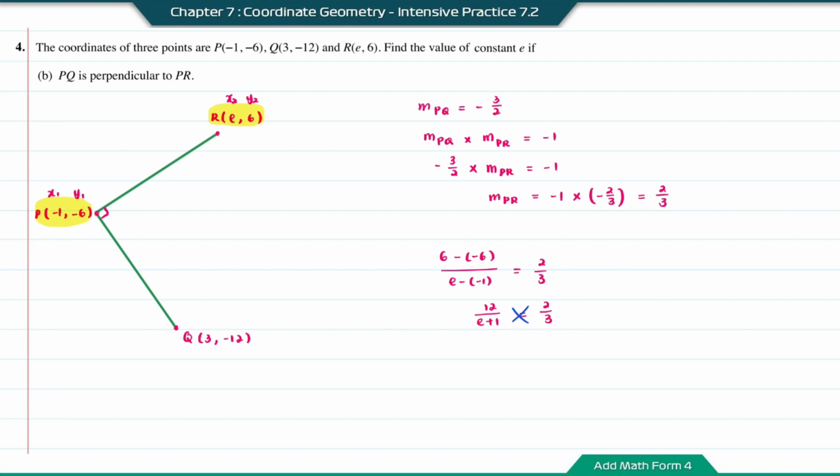Using the cross multiplication method, 2 times e plus 1 is equal to 12 times 3. So 2e plus 2 is equal to 36. Move the positive 2 to the right hand side. So 2e is equal to 36 minus 2, which is equal to 34. So e is equal to 34 divided by 2, which is equal to 17.